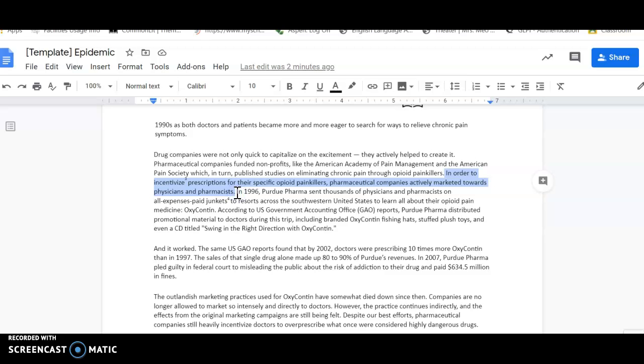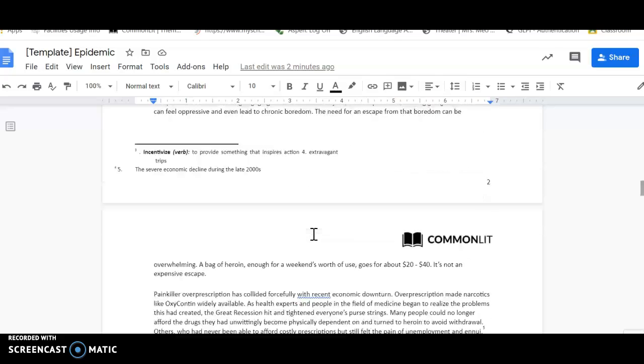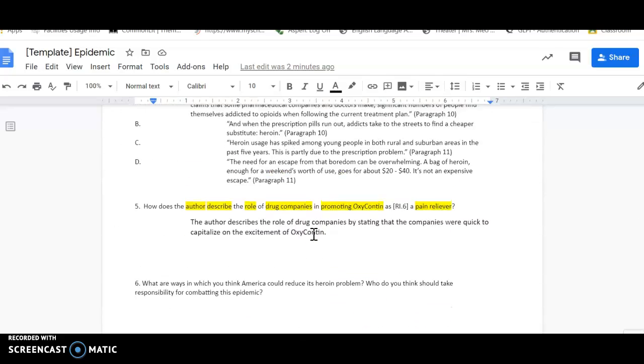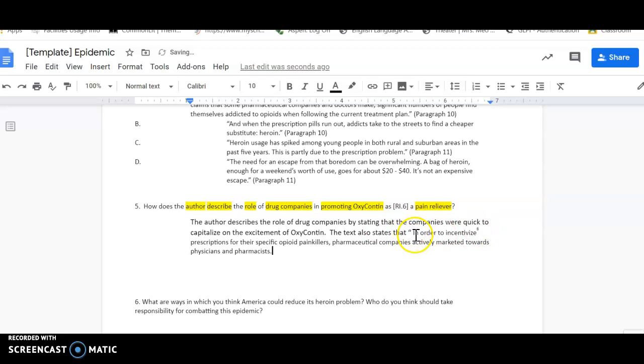So I can actually just copy that and paste it right in my response, but I need to introduce the quote. The text also states that, and this is where I include the quote, in order to incentivize prescriptions for their specific opioid painkillers, pharmaceutical companies actively marketed towards physicians and pharmacists.